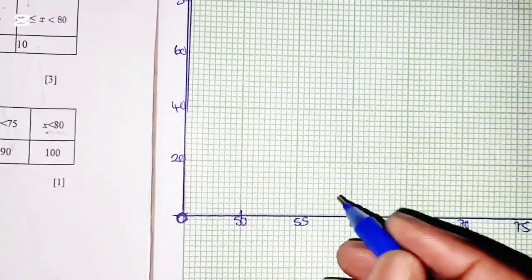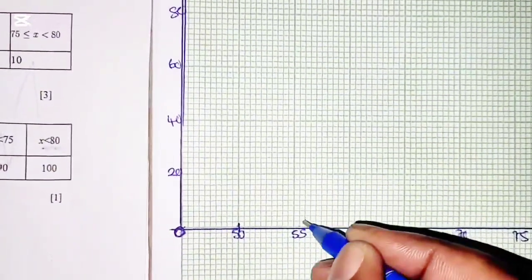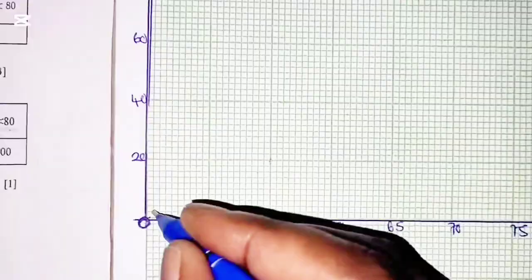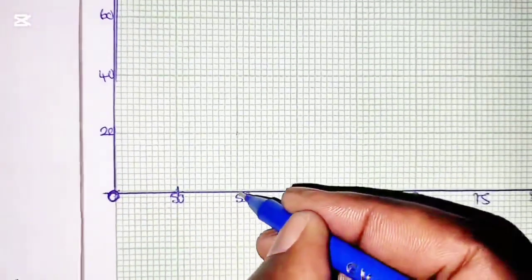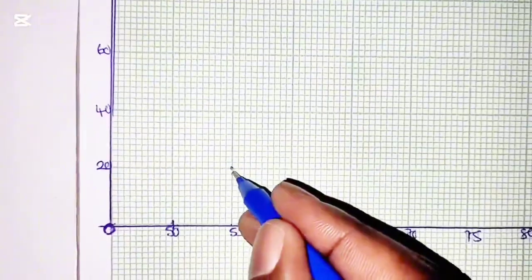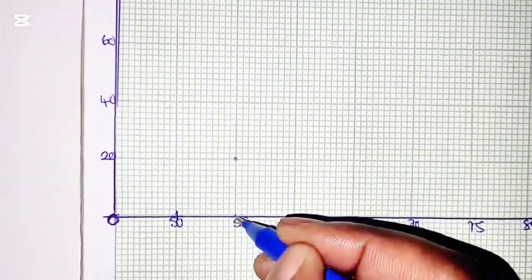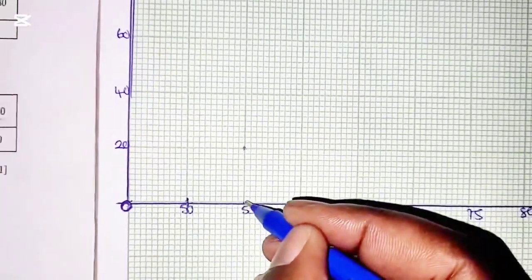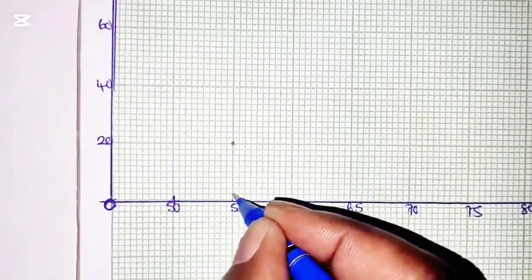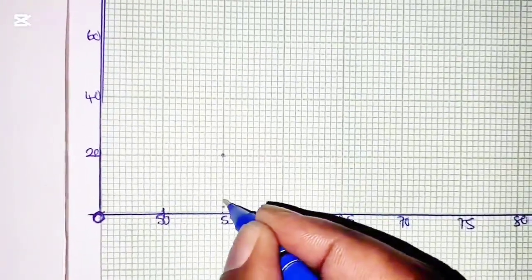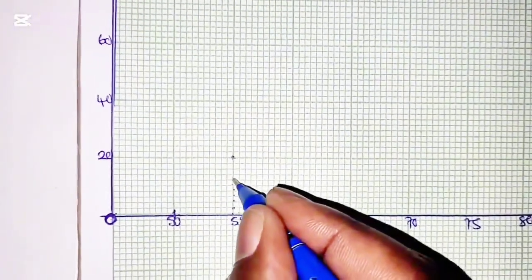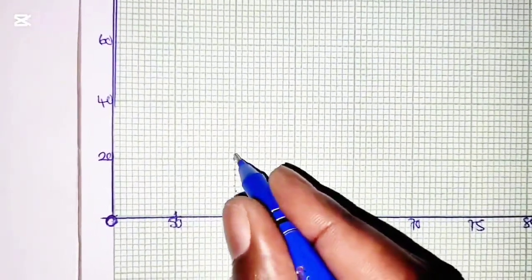Then 55 and 6. From our scale, it is 2 centimeters to 20 units. So from this point to this point, this box right here, there are 10 small boxes, meaning 20 divided by 10. So each small box is 2: 2, 4, 6, 8, 10, 12, 14, 16, 18, and 20.